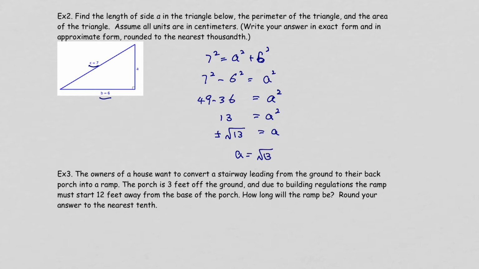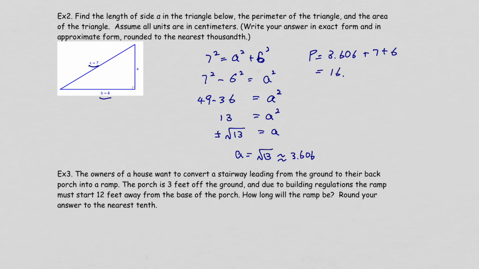And if you wanted to find the decimal, plug it into the calculator, you can see it's going to be close to 3.606. With that information, if we wanted to find the perimeter, that's going to be 3.606 plus 7 plus 6, because you're adding all the lengths.